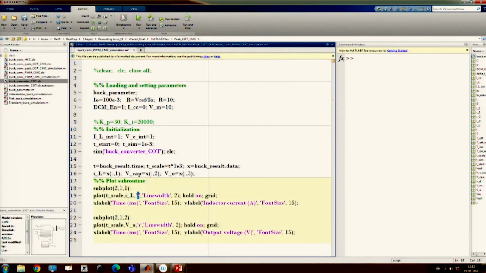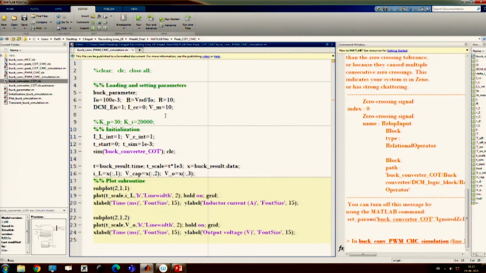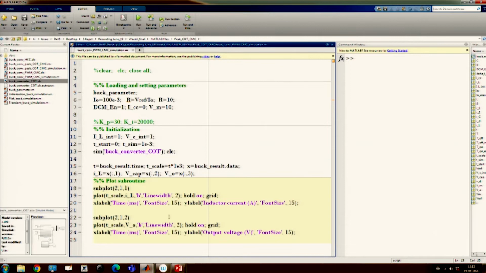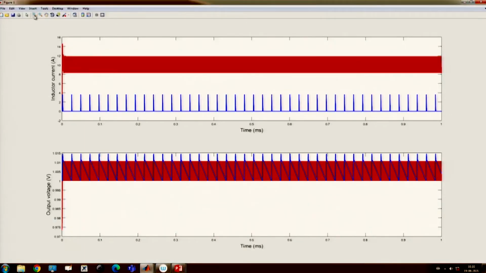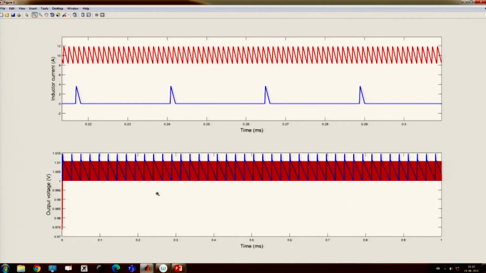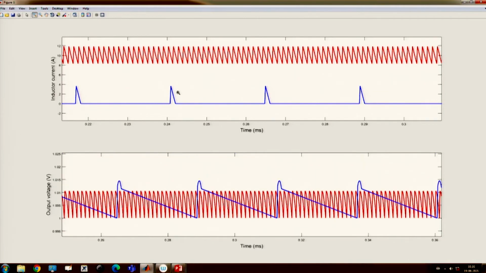What will we find here? We will zoom in.